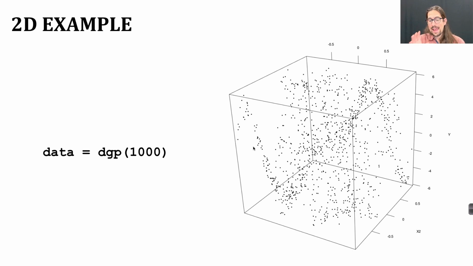And even though I can visualize this, we can make these kind of 3D plots. If you do this in R, the code is in the comments in the slides if you want to play with it. You can actually drag this cube around or change the perspective so you can see it from different angles. But I promise that won't actually help you decide what kinds of nonlinearities you would want to include, right?